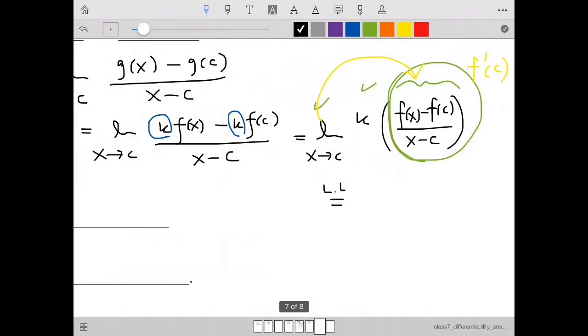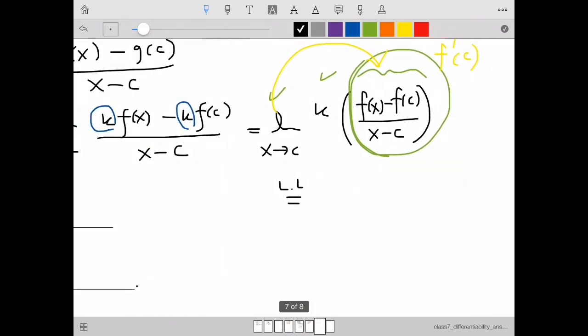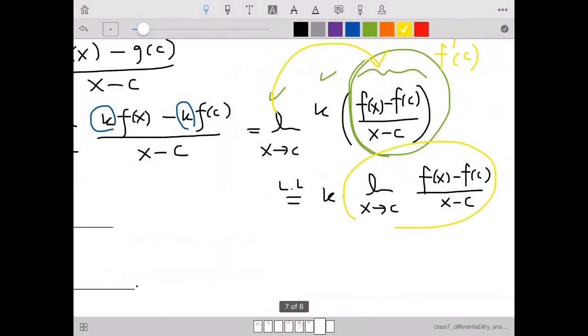The limit of a constant multiple is the constant multiple of the limit of the function. So that is this. And since this is nothing but f prime of c, I can write it as k times f prime of c.